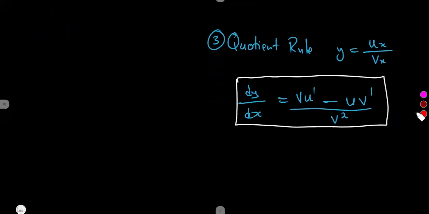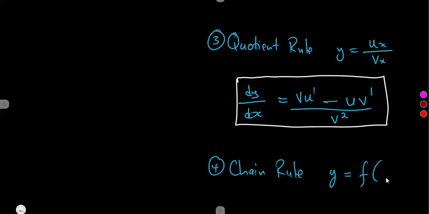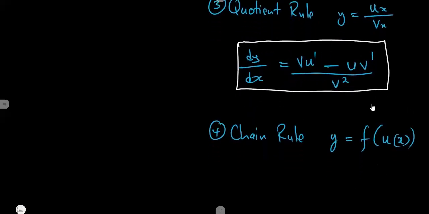All right, let me just list another part, which is the chain rule, the function of a function. So the chain rule, given two functions combined together, so you're going to have f of u of x. There are two functions that have to be considered there.